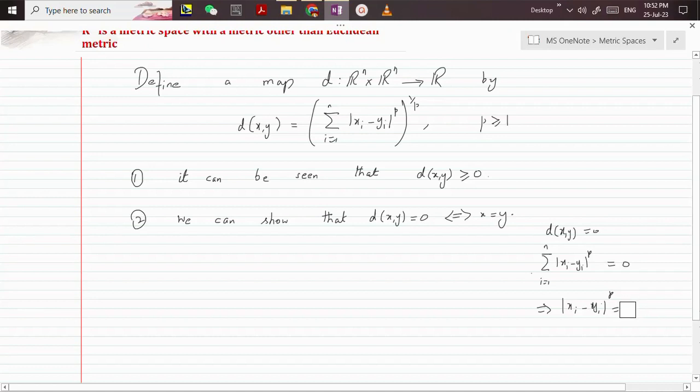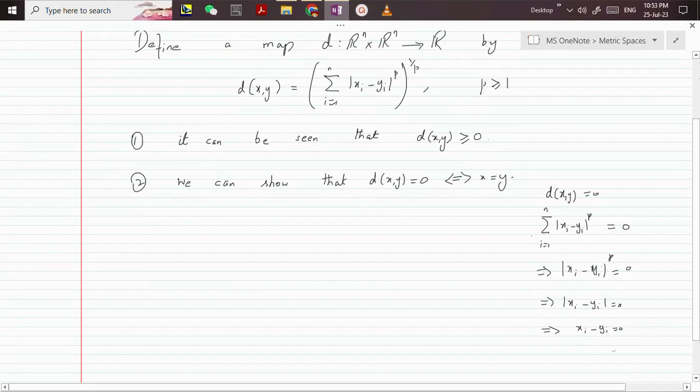This implies that mod of xi minus yi equals 0, so xi minus yi equals 0, and for each i, xi equals yi. Hence we have the n tuple x equal to the n tuple y.